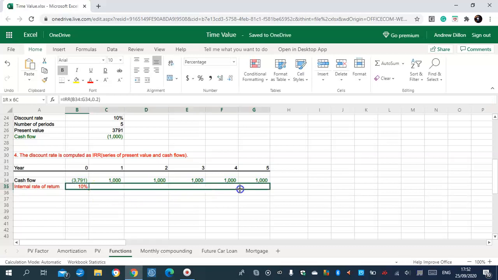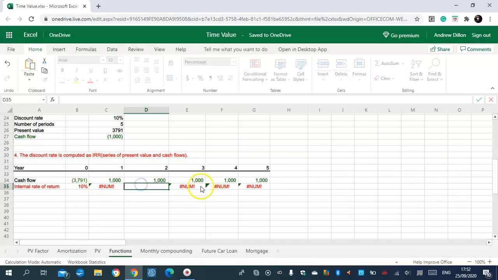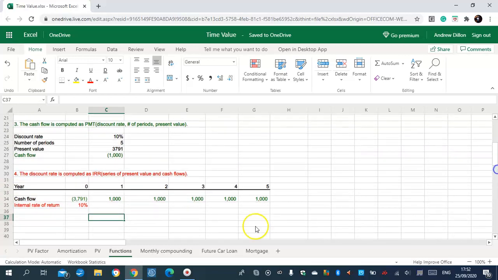Okay, there's only one answer. Okay, so that's the function sheet completed.